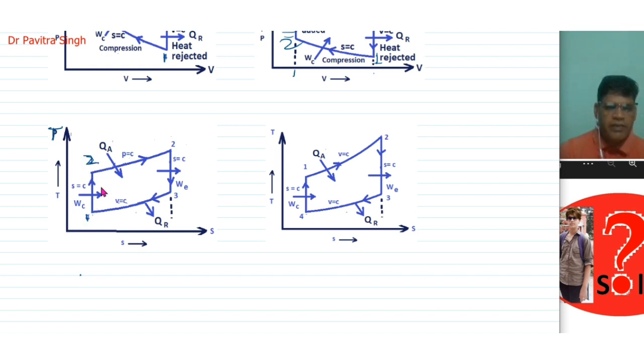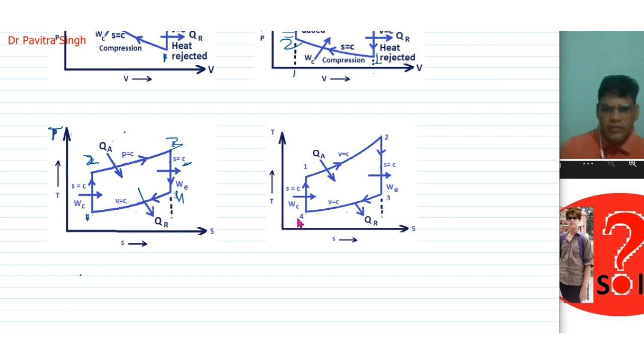So this is adiabatic compression, and 2 to 3 is heat addition at constant pressure, and this is 3 to 4, expansion or power stroke at constant entropy, and again 4 to 1 is heat rejection at constant volume. So this is the diesel cycle.